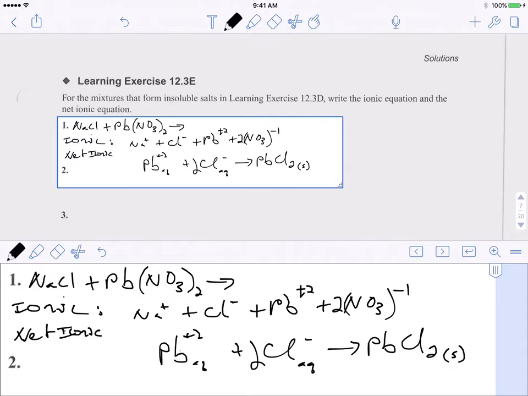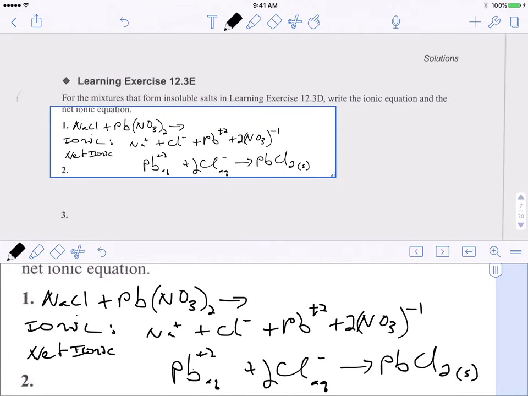If you're wondering why this is solid and not aqueous, go back to the reading, read the summary. If that confuses you, open the PDF, learn it that way. So there we go. That's what we do. Separate all of our compounds into different ions. That's our ionic equation, and our net forms the solid.